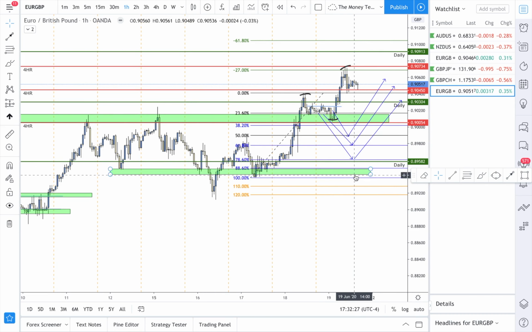Even 88.6 and 100%, right? So when price starts to break this area, your last area of support or safety is these areas here. But technically, if you have price coming below the 100%, then we have a structure break, because now price is testing the previous higher low, which would be right here.